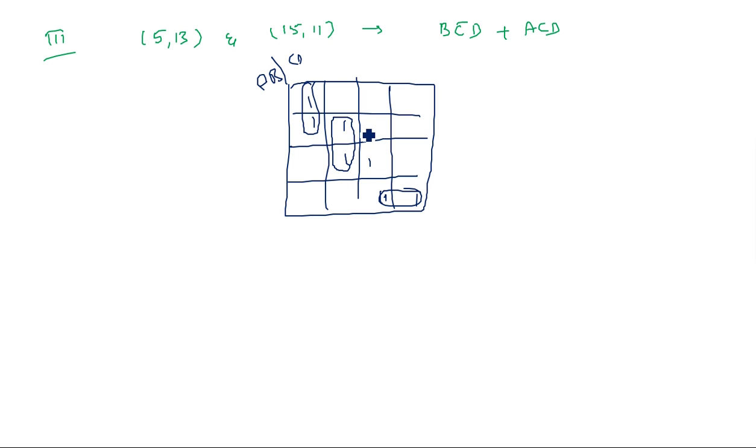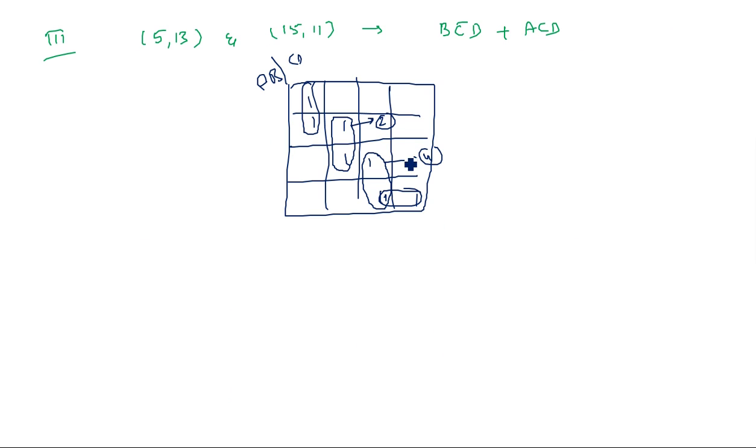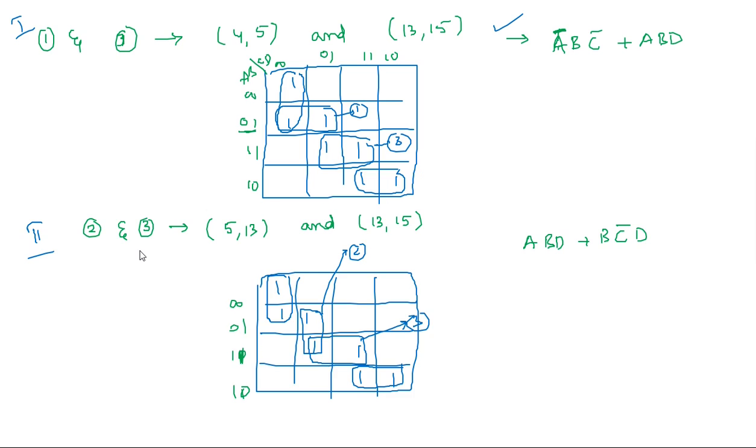This is one set which is 2 in our case, and this is another set which is 4 in our case. 4 means here. Okay, numbers. So what have I taken? Second and fourth. The expression for this one is BC bar D plus ACD. Hope you understand what I am explaining.